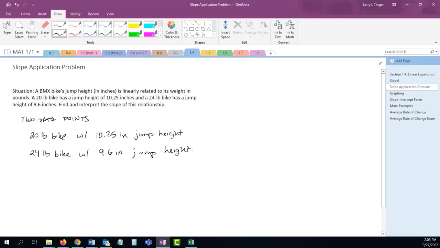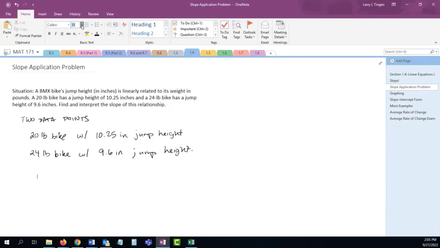Now, whenever you get an application problem for this section, there's always an issue. If I'm going to find the slope, I have x values and y values. Which one is x? Which one is y? The answer is, which one is dependent on the other?